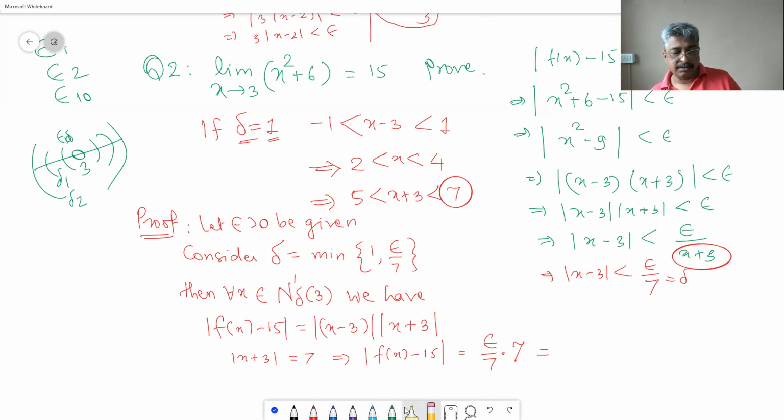Instead of writing maximum value, we write inequality. Note, absolute value of x plus 3 is going to be less than 7, which implies f of x minus 15 is less than epsilon by 7 into 7 is equal to epsilon. Now here I should have written inequality.